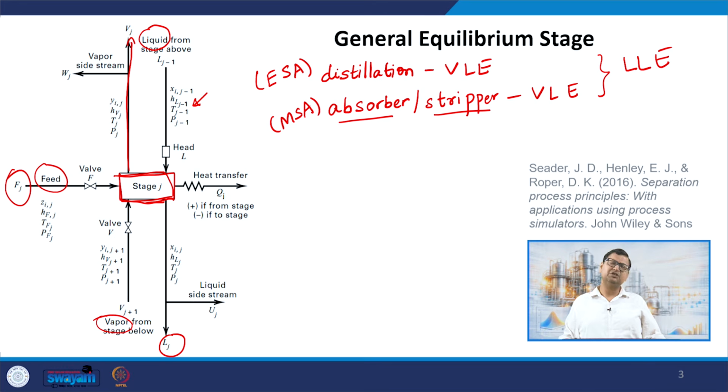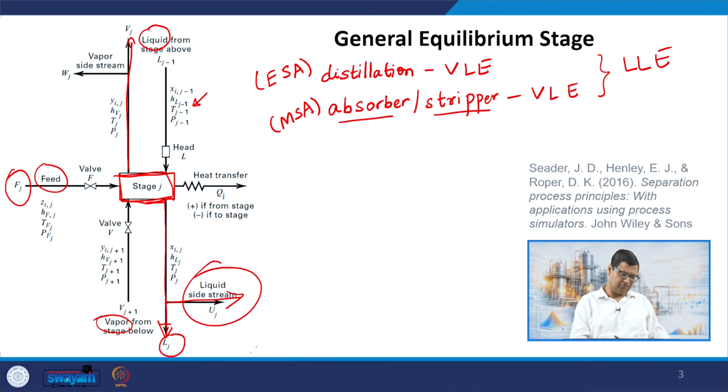But in addition to these main stream flows, there is also a possibility for side streams which are taken out of the system. Of course, it need not always be the situation, but we are keeping a more general case. In case there are no side streams, you can set them equal to 0. So, we have a liquid side stream that is leaving from the liquid part Lj.